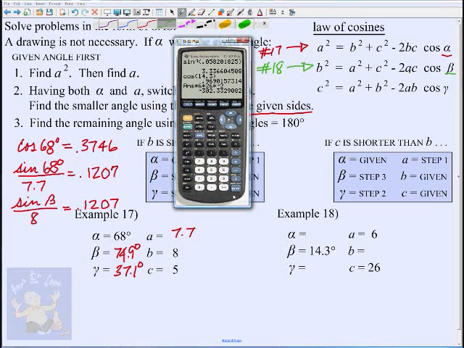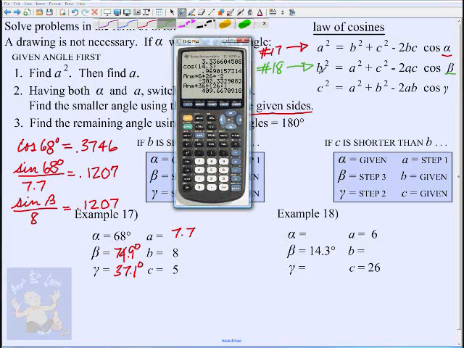And that gives us a pretty big number. We're not too surprised by that, because cosine of such a small angle is almost 1. Now we're going to add to that a squared and c squared. So plus 36 plus, I'm not going to try to do c squared in my head. So we'll do 26 squared, that'll be my c squared.